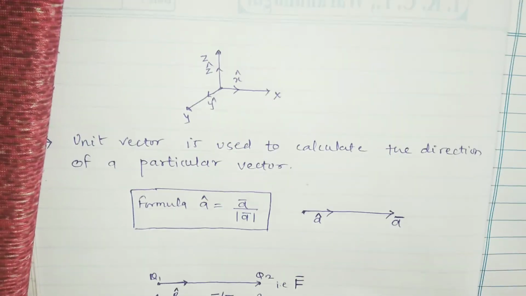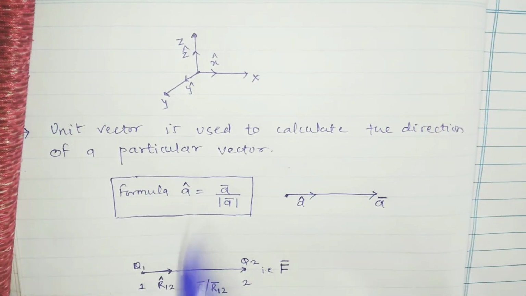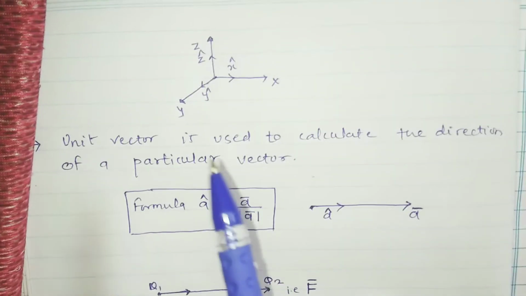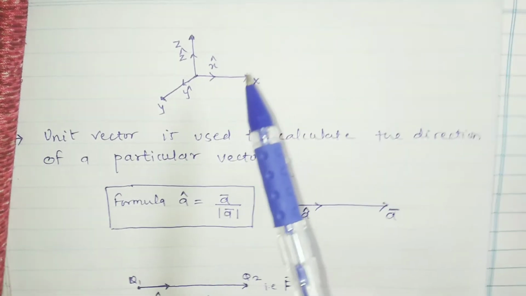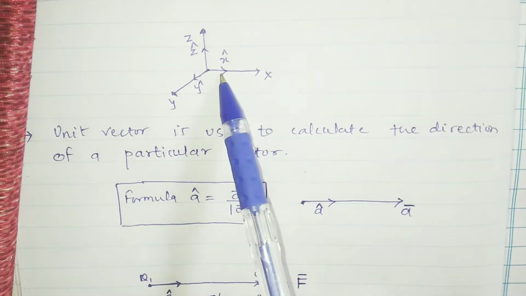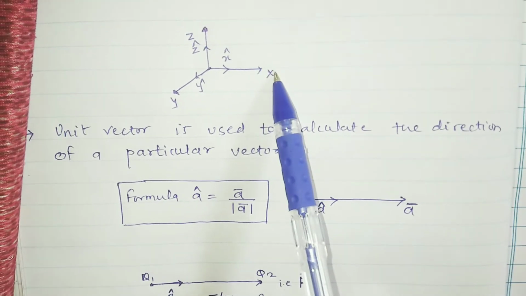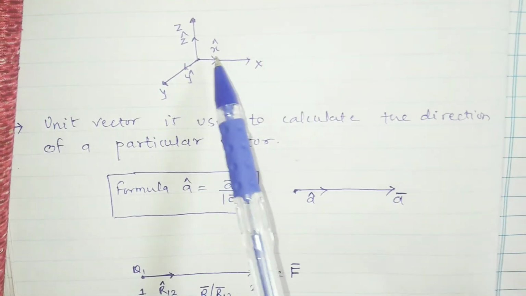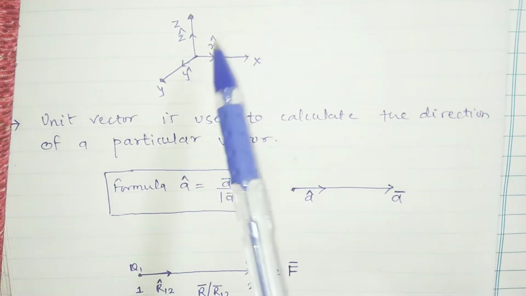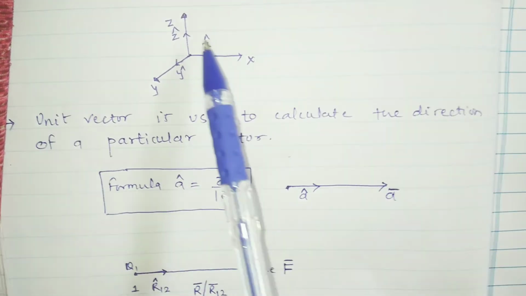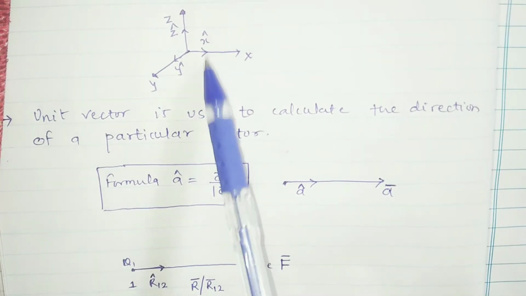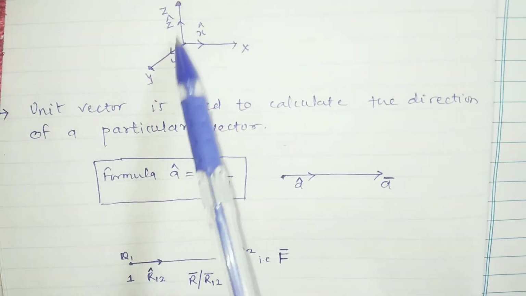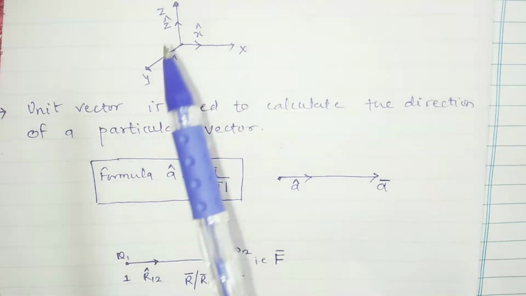As you know, in the last video, you can check my last video, unit vector is used to calculate the direction of a particular vector. Here x bar is my x-axis and its direction can be calculated; the unit vector has the same direction as x. So x cap is its unit vector, y cap and z cap are the unit vectors for y and z.